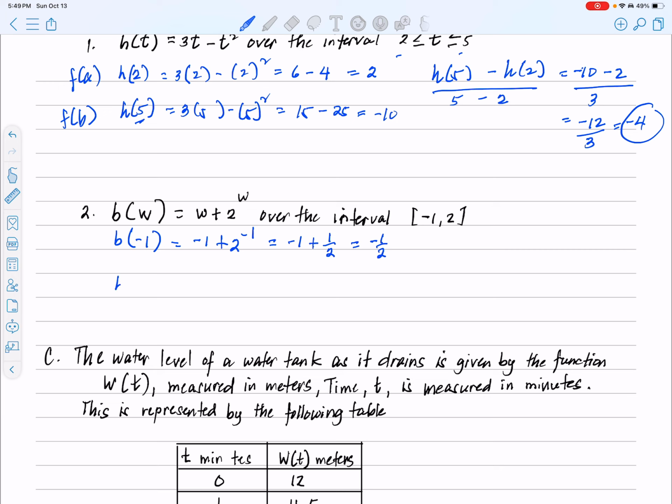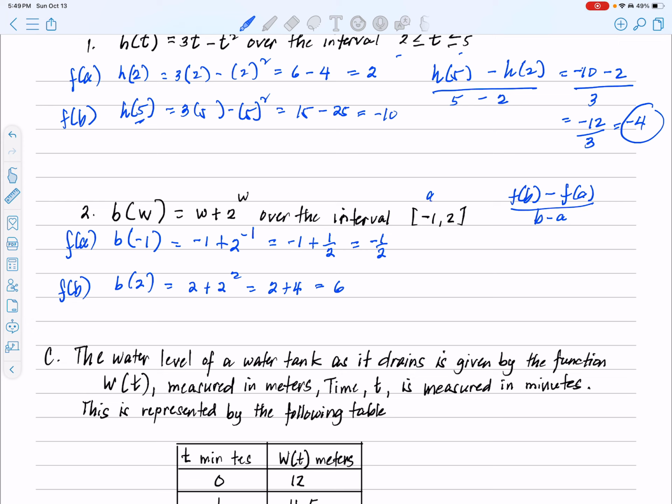When it's B of 2, that becomes 2 plus 2 to the second power. 2 to the second is 4, so that equals 6. Using the formula, this is the function of b and this is the function of a: function of b minus function of a over b minus a.